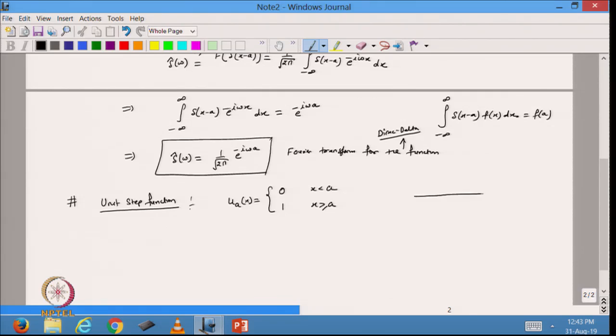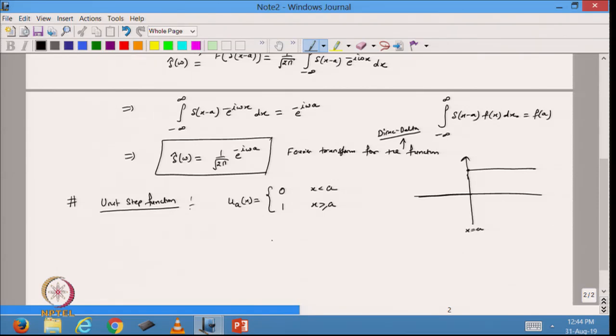If you remember, this was my expression: suppose this is my x equal to a, and if I go to x less than a, its value is 0, and if I go for x greater than or equal to a, then its value becomes 1. That is why it is called the unit step function.